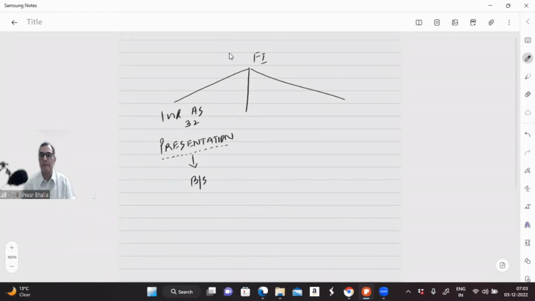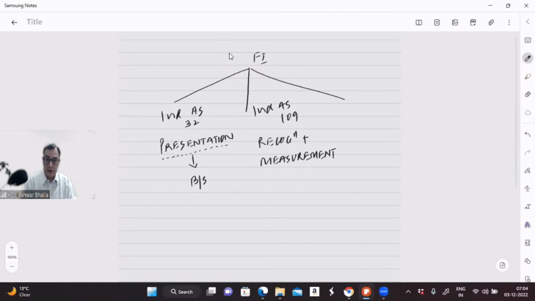Then there is a second standard, which is Ind AS 109. Ind AS 109 talks about financial instruments again, but it talks about recognition and it talks about measurement. As you look at the word measurement, you can, of course, guess that you're going to get some accounting in this particular case.